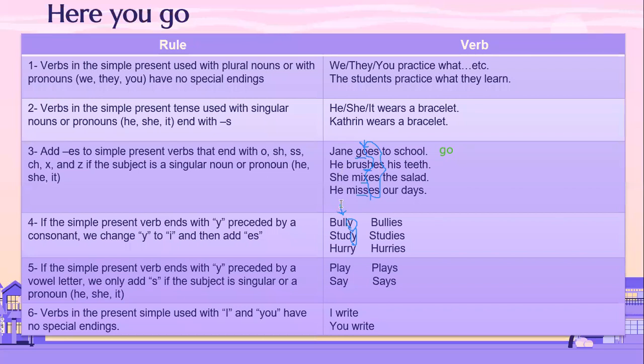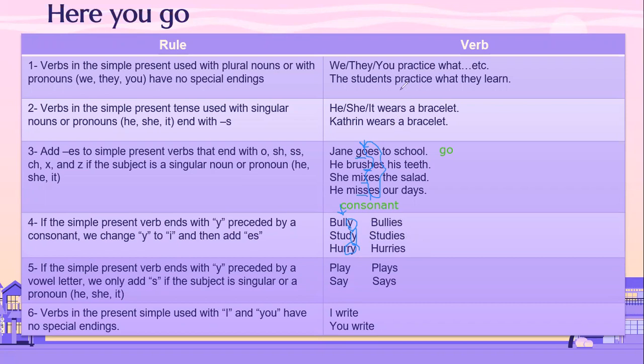Let me write it for you. It's preceded with a consonant, which is D, and R, like hurry. It ends with Y and preceded with R. That's why we remove the Y and we add IES, and it becomes hurries, studies, bullies.